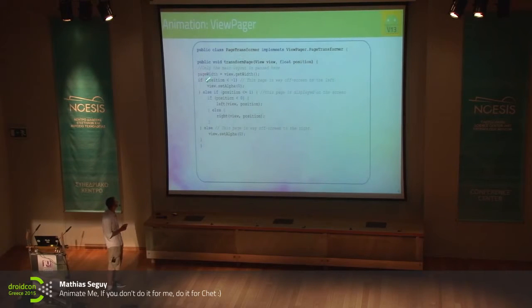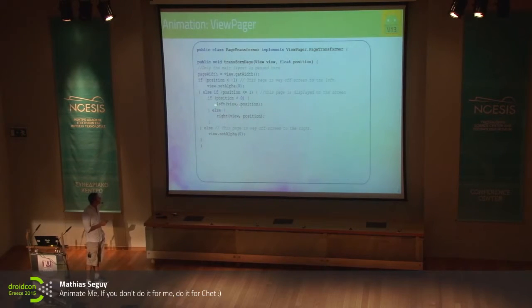So, my position: if I am before -1, I'm not visible anymore. If I am after 1, I'm not visible either. If I am before 0, I'm coming from the left, and between 0 and 1, I'm coming from the right. Okay? It's a little tricky at the beginning, but when we test it, we understand it.